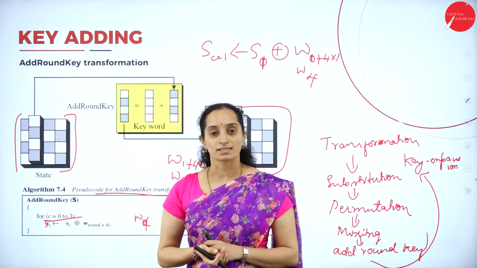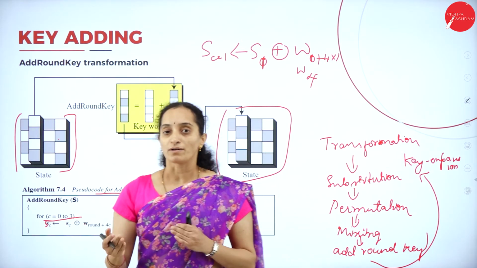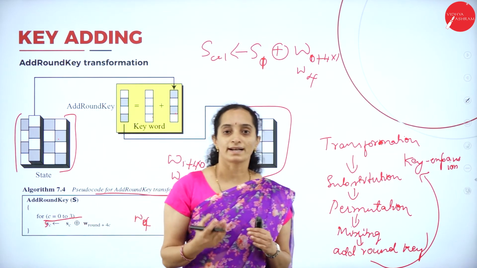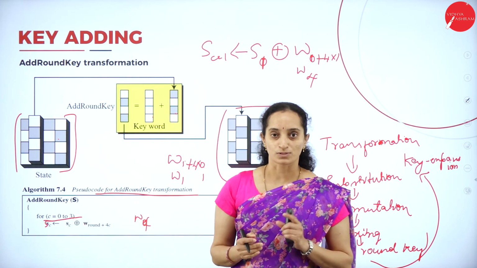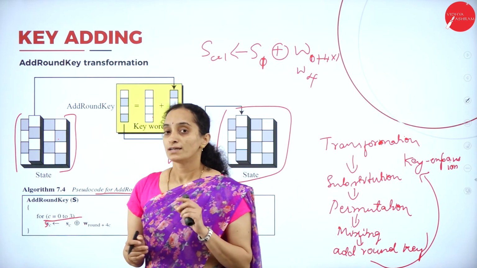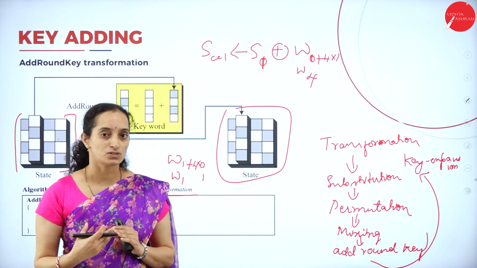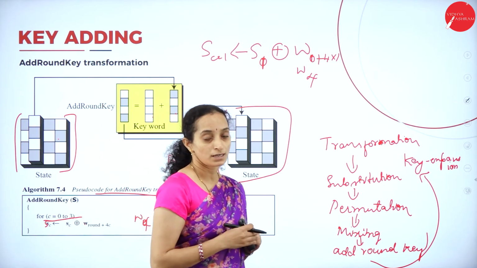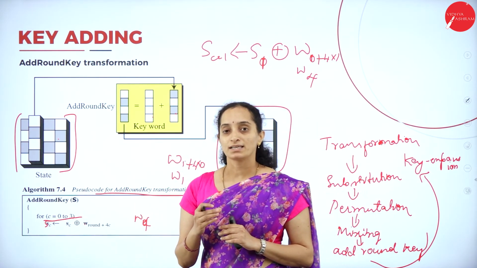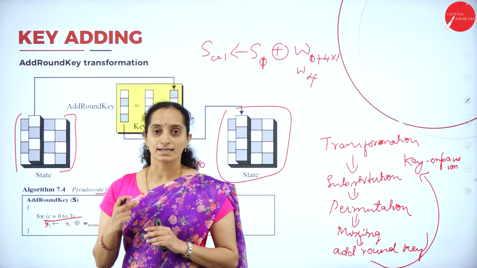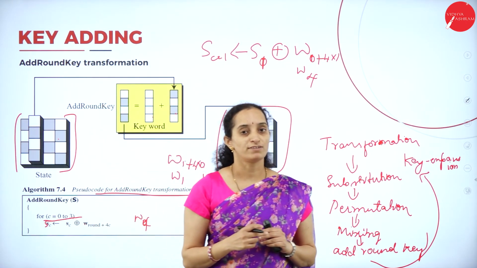Key expansion is nothing but generating one more round key for the process, because it makes the AES procedure stronger than the DES. What DES does is execute exactly 16 rounds, isn't it?